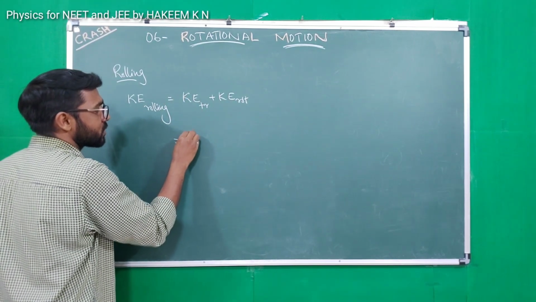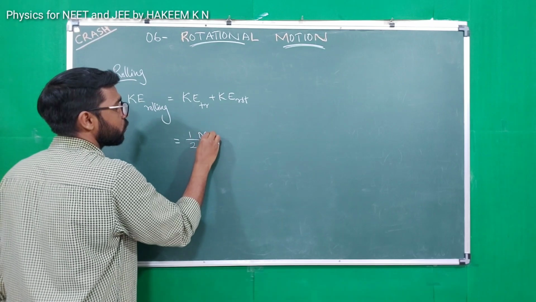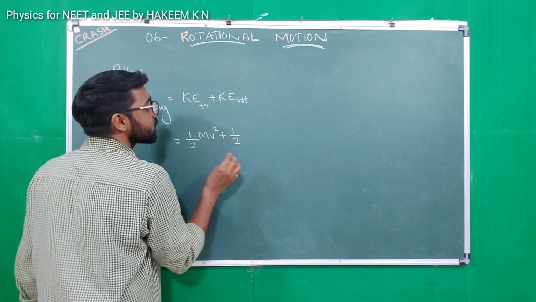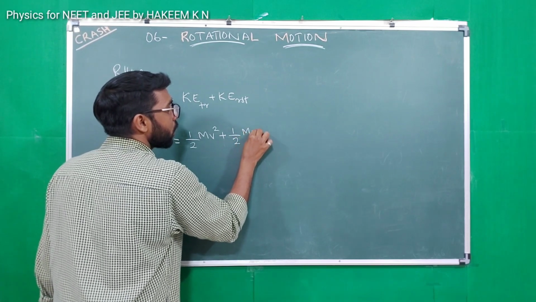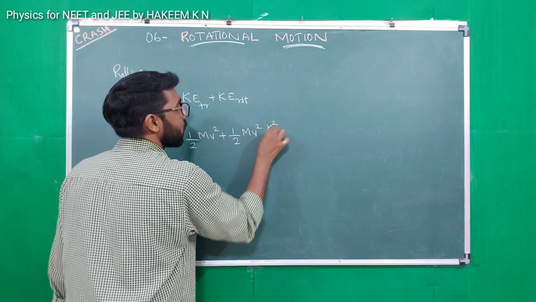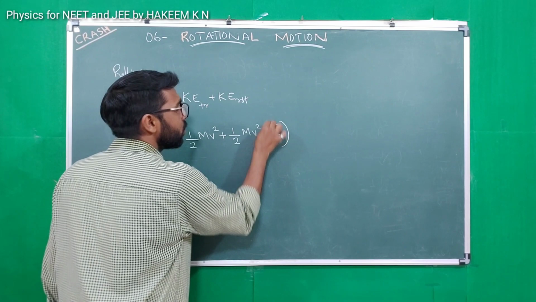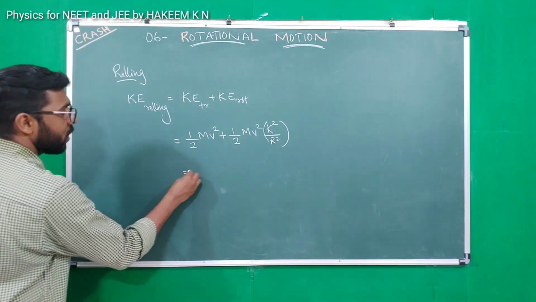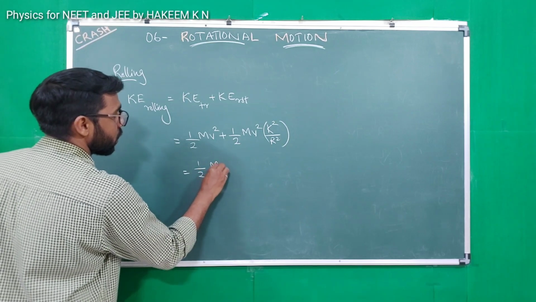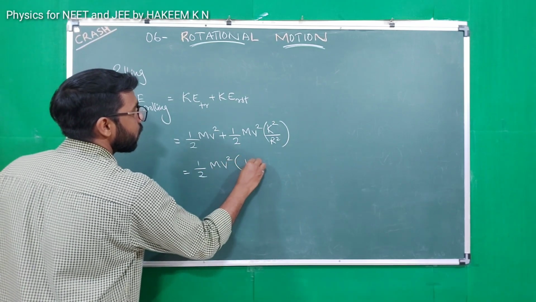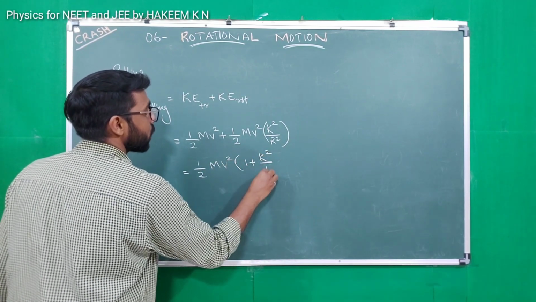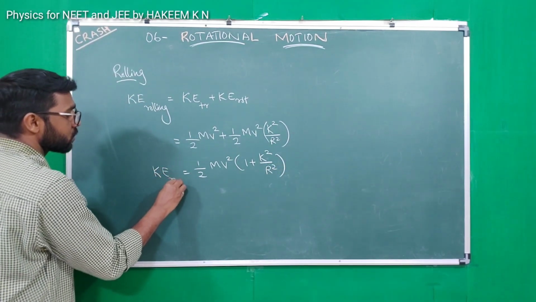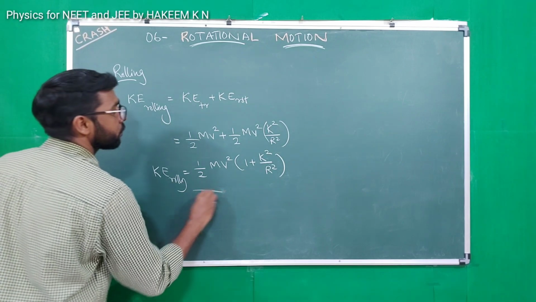Kinetic energy of translation is half mv square, and kinetic energy of rotation, we just discussed, is half mv square into k square by r square, or you can give half I omega square. So we can take half mv square outside, then we get 1 plus k square by r square. This is the equation of kinetic energy of rolling.